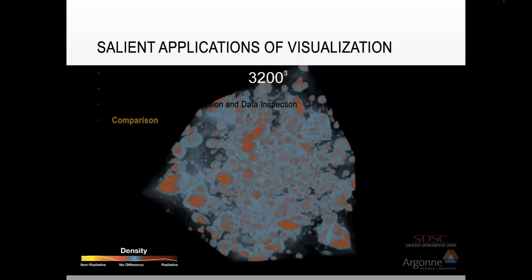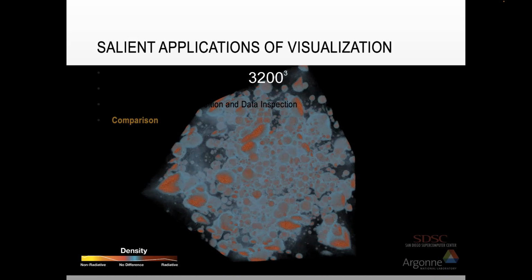In here, this is a simulation from Mike Norman, our former director of SDSC, and he studies the evolution of galaxies. This is his simulation where he tries to simulate how galaxies formed after the Big Bang, and what they did was they added new physics to their simulation.